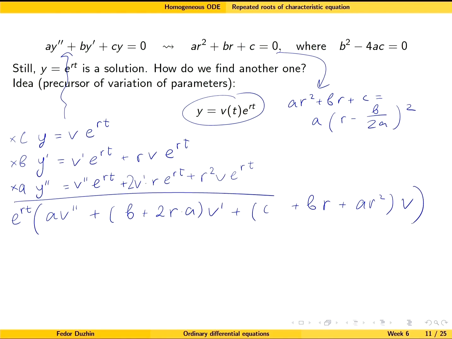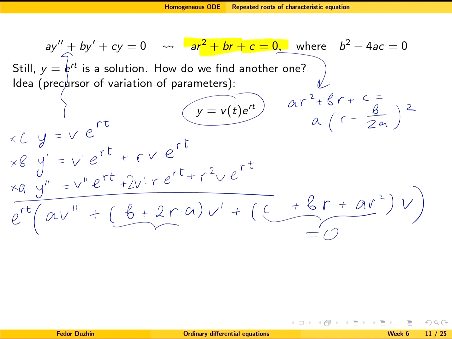Okay, right? Now notice that this is our characteristic equation: a r squared plus b r plus c equals 0. So which means that this is just 0.